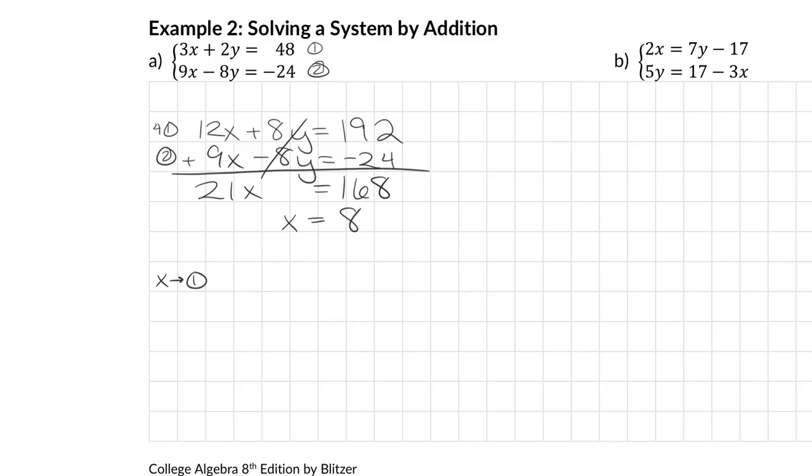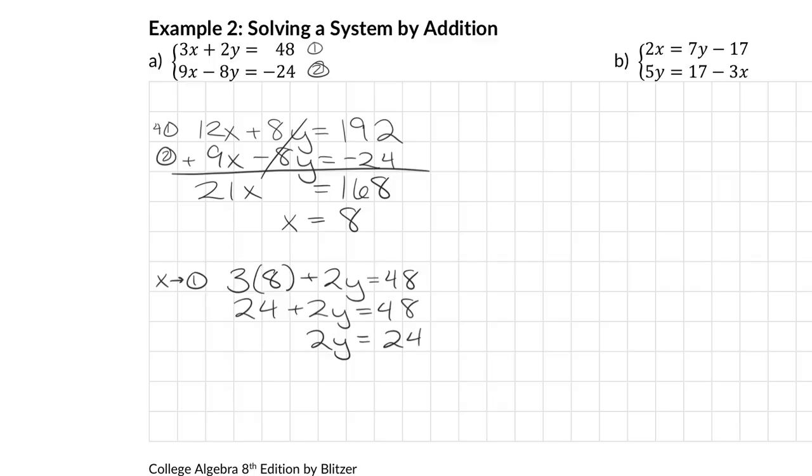I'm going to plug it into 1, which means we're going to have 3 times x plus 2y equal to 48. 3 times 8 is 24. Subtract 24 from both sides. Divide by 2. We get that the solution to this system is the coordinate point (8, 12). And we found that by eliminating a variable because we added the system together.